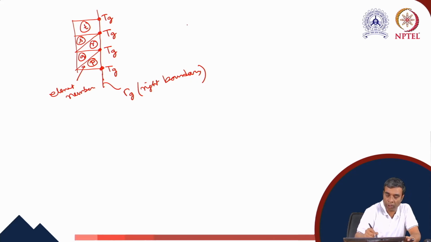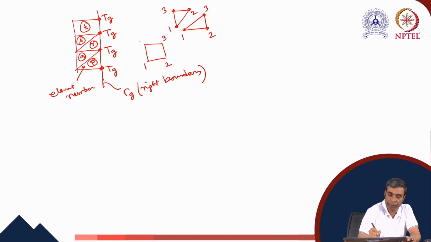So we again show the local node numbering here. 1, 2, 3. 1, 2, 3. And here we have 1, 2, 3, 4. The local or elemental node numbering have been specified.